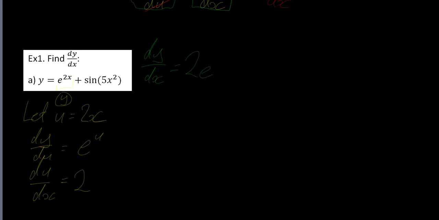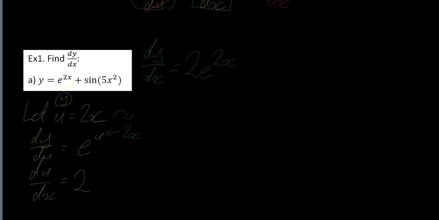But we know this u over here is 2x, just from over here. So we have 2 times e to the power of 2x. Of course, you could have done that from the rule that we learned in exponentials as well, but this is how you would do it using the chain rule.